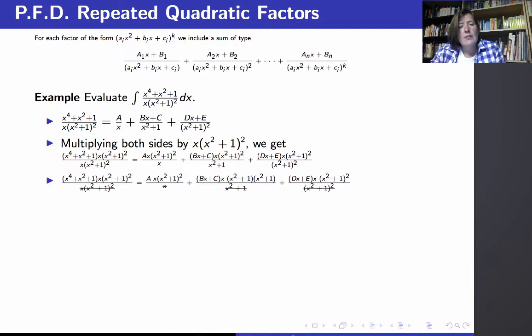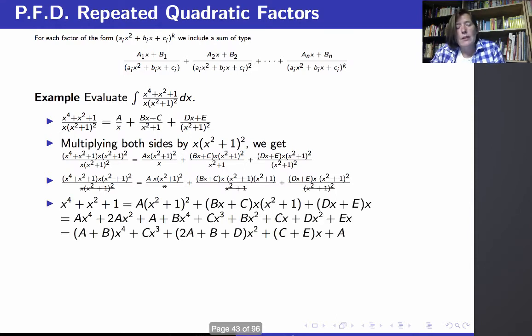And on the right-hand side, in the first term, the x's cancel, and we're left with a times x squared plus 1 squared. And in the middle term on the right-hand side, an x squared plus 1 cancels, and we're left with bx plus c times x squared plus 1. And in the last term, the x squared plus 1 squared cancels, and we're left with x times dx plus e. Now we're left with two polynomials which are equal.